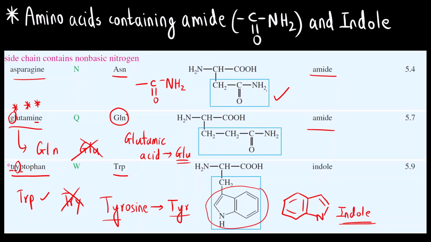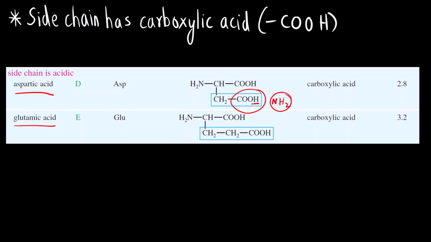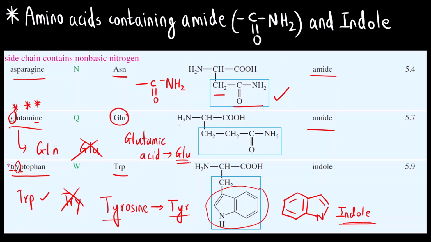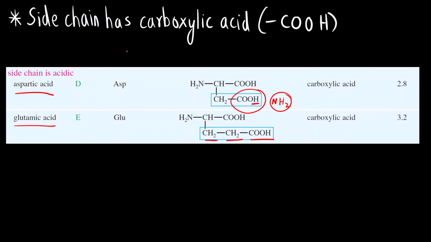Here it is CH2CONH2, and if you replace the amine with OH, you will get aspartic acid. Similarly, here there is CH2CH2COOH, and here also we have CH2CH2 and CO, but instead of OH we have an NH2 group. In this way you can remember the structures of the amide and the carboxylic acid.